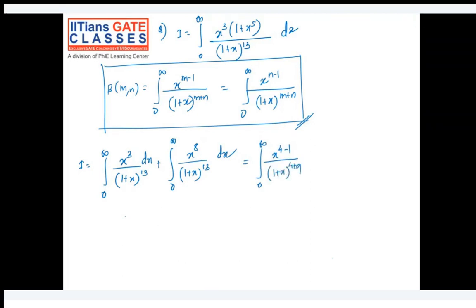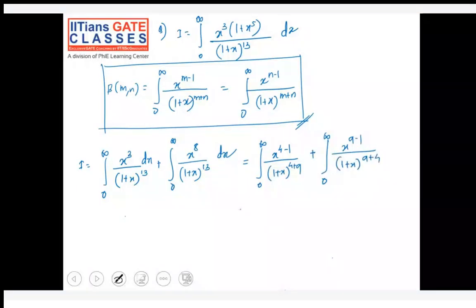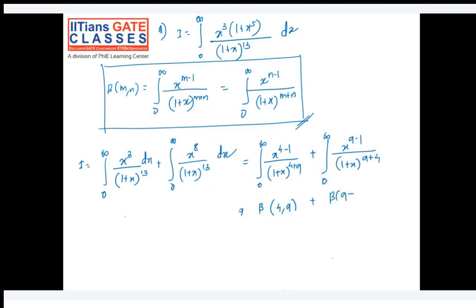And this one has integration 0 to infinity x raised to power 9 minus 1 divided by 1 plus x raised to the power 9 plus 4. So basically this I can write as beta 4 comma 9 and this I can write as beta 9 comma 4. But we know beta a comma b is equal to beta b comma a. So I can write it as 2 times beta 4 comma 9.